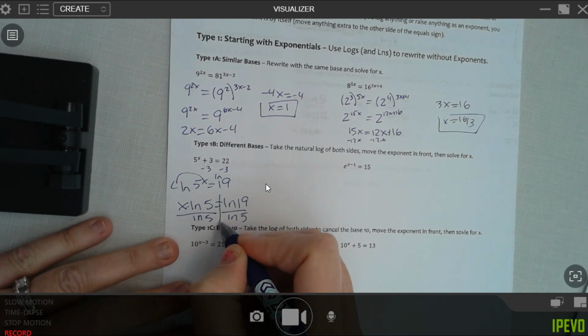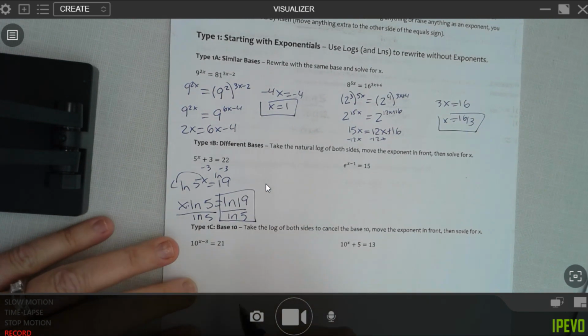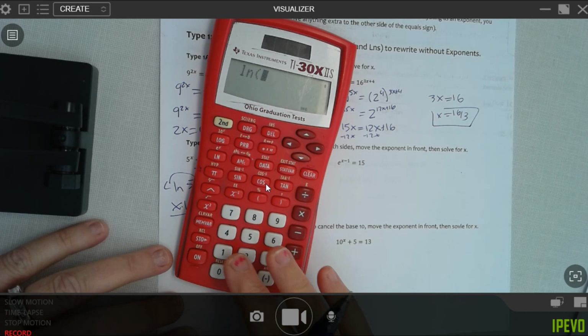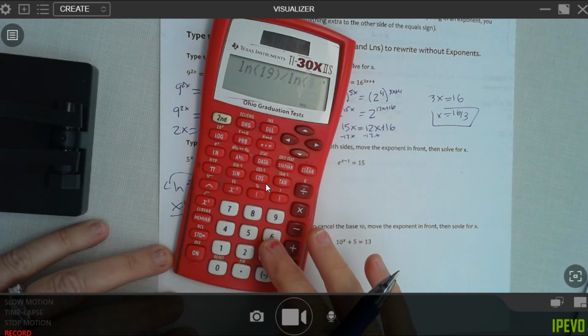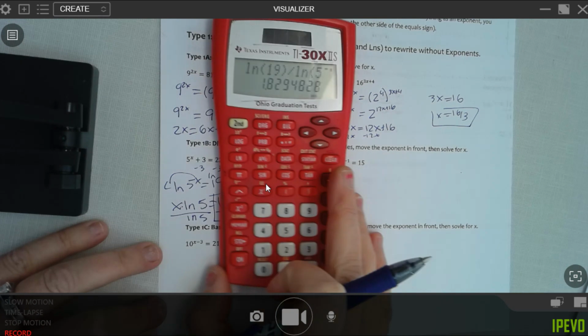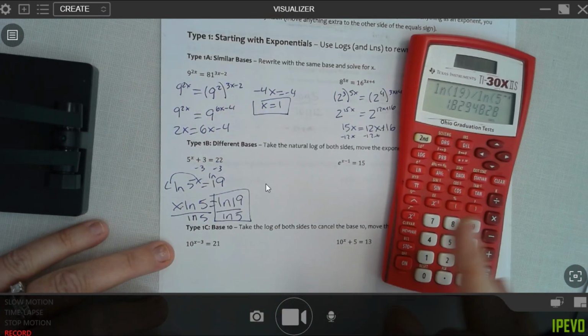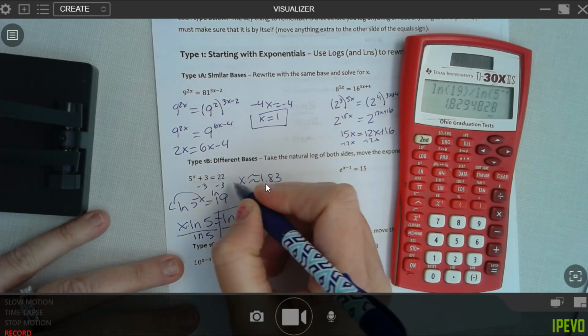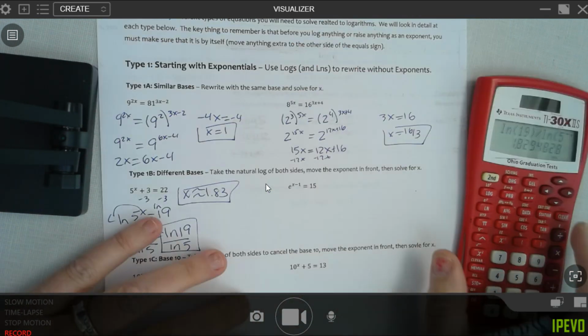So x equals natural log of 19 divided by natural log of 5. Or you can type it in your calculator, and that'll be, with 2 decimals, 1.83. So you can write down either one of those answers.